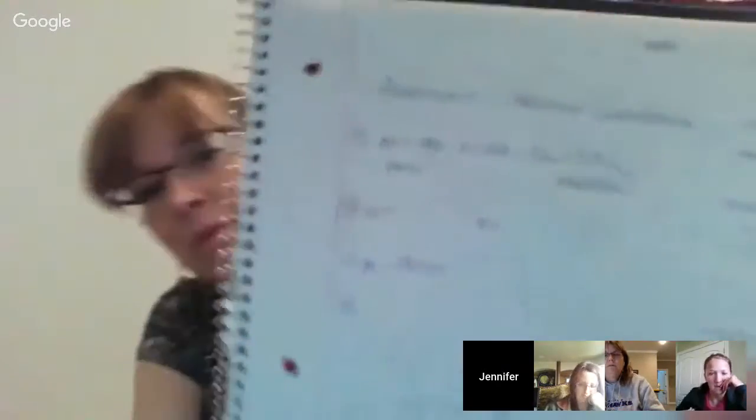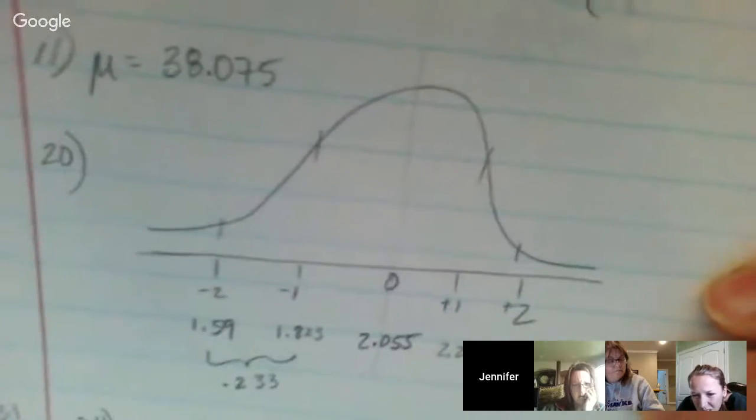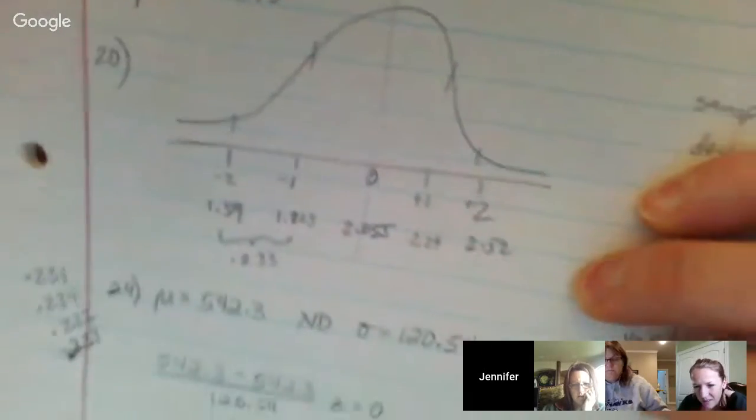I did a little chart thingy, it's pretty light. I put in what we knew, which were the ones on the outside. And then I divided it in half. That gave the mean. Oh, because those numbers on the outside were 2 standard deviations, right?